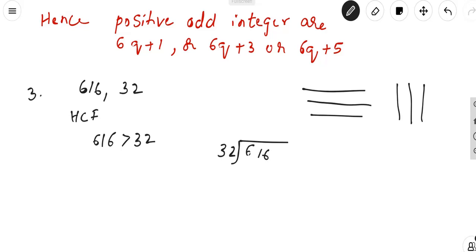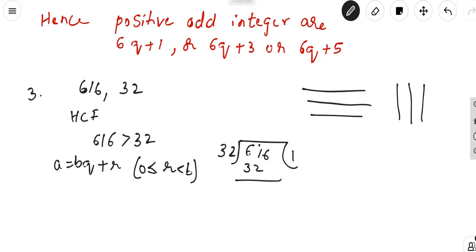Before solving this, we'll write the Euclid algorithm, that is nothing but A is equal to BQ plus R, where R is greater than or equal to 0 and less than B. Now if I solve this, you see 61 is not divisible by 2 because 32 into 2 is 64. So it is divisible by only 1. So 1 into 32 is 32.